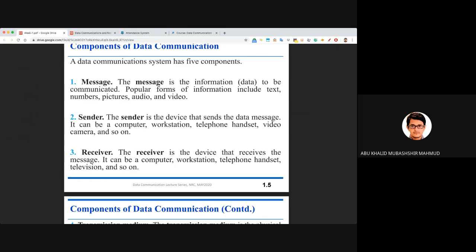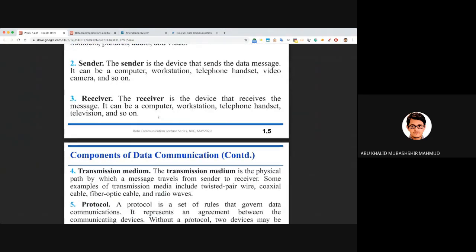Now the second component is sender. The message needs to have a sender. If we do not have a sender, we cannot communicate. We do not communicate with ourselves, we communicate with other people. Now the receiver. The receiver is the device that receives the message.